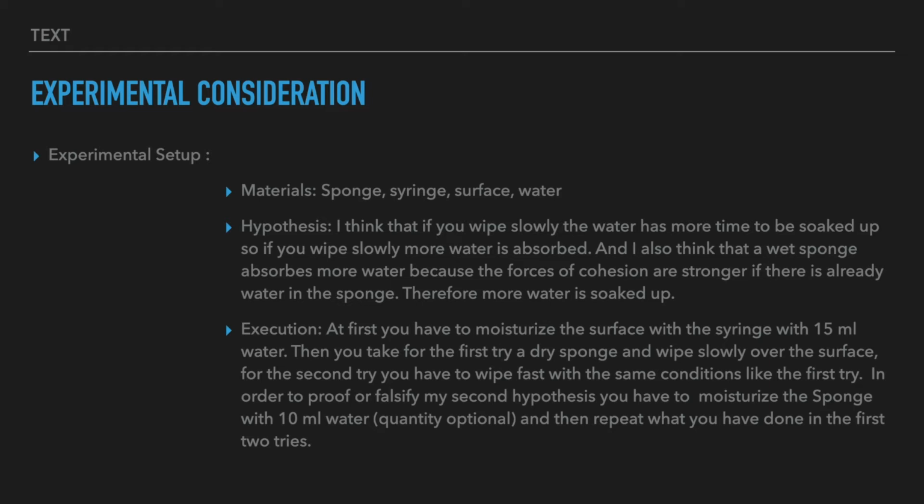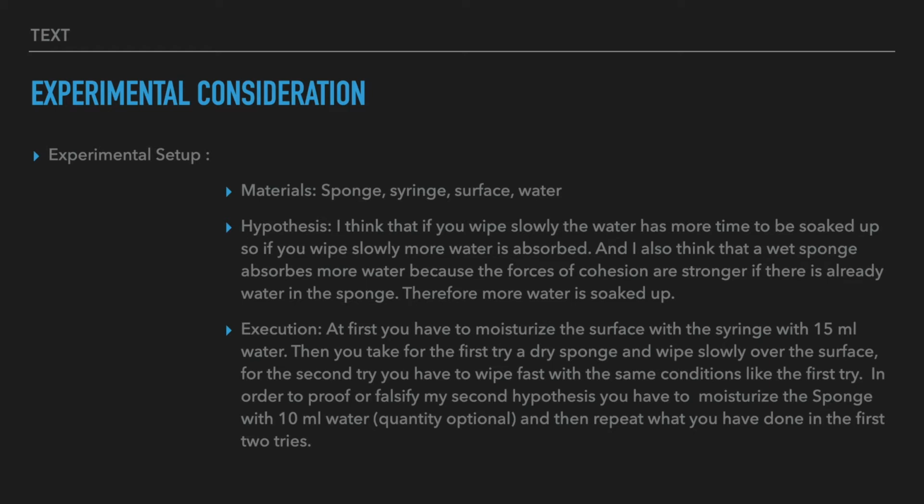Now for the execution, you at first have to moisten the surface with the syringe with an optional amount of water. I took 50 milliliters. Then you take the first try with a dry sponge and wipe slowly over the surface. For the second try, you wipe fast with the same conditions, so the same dry sponge as in the first try.